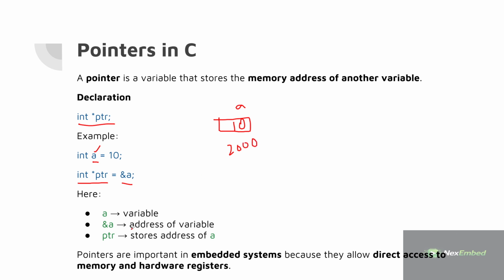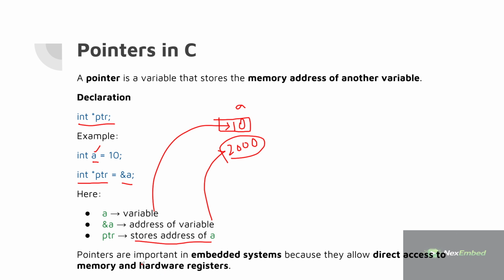So &a denotes the address of that particular variable, and a denotes the value of that variable. Here, I am just assigning this address to my pointer variable. So the pointer stores the address of a.